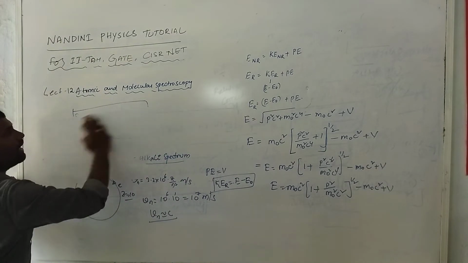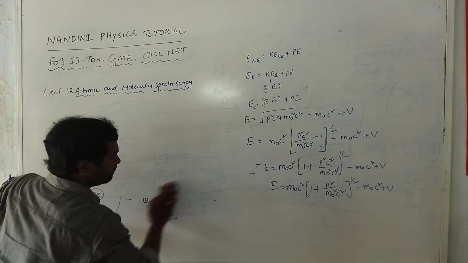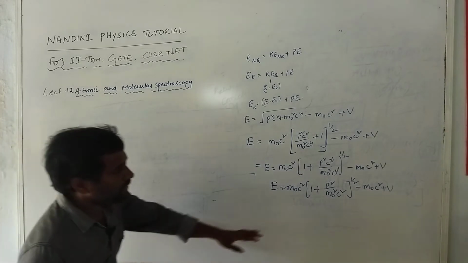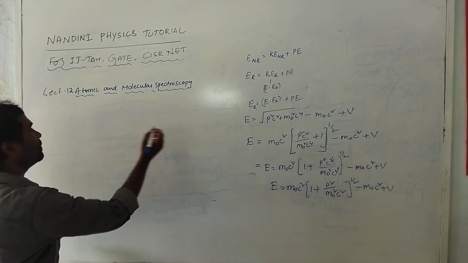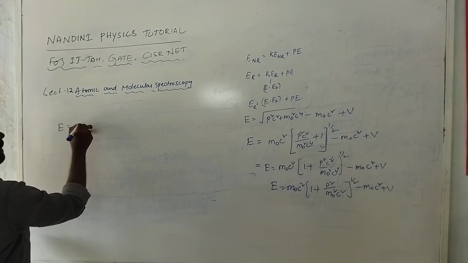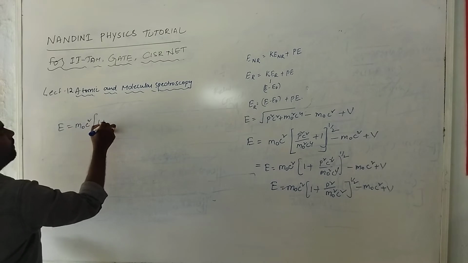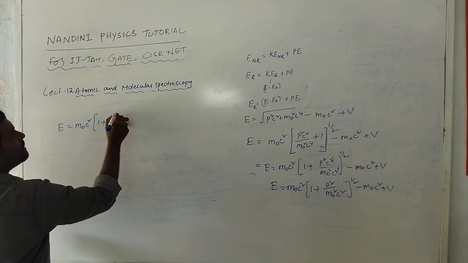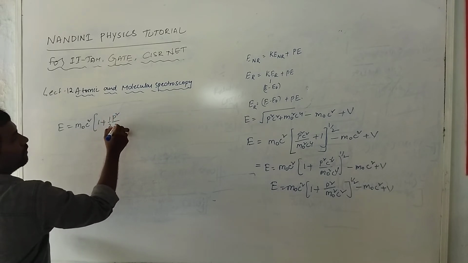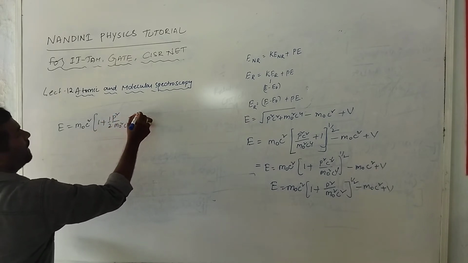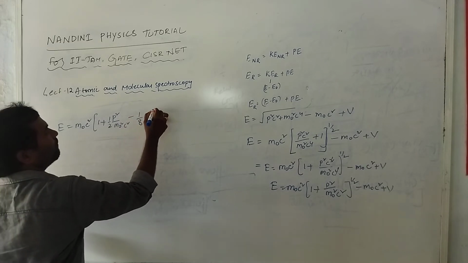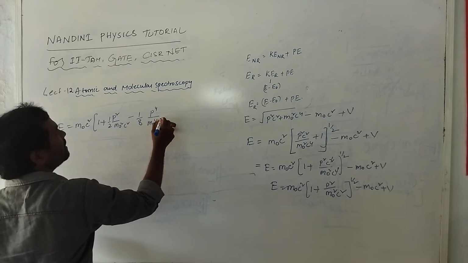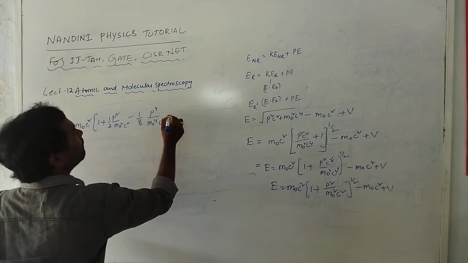After that, I will do the calculations here. Finally you apply the binomial expansion to this term. So E is equal to m naught c square times (1 plus 1 by 2 times p square by m naught square c square, minus 1 by 8 times p power 4 divided by m naught power 4 c power 4, and so on).